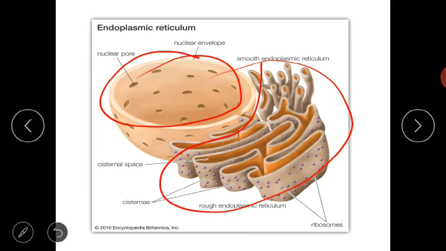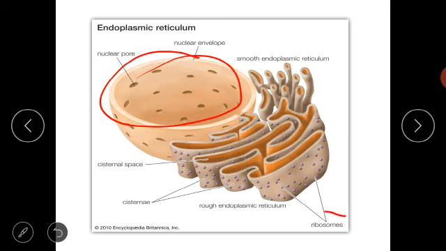Now you can see the association of ribosomes with the endoplasmic reticulum. The blue spots you can see on the reticulum are nothing but ribosomes, and since ribosomes are associated with the endoplasmic reticulum, it is a rough endoplasmic reticulum.